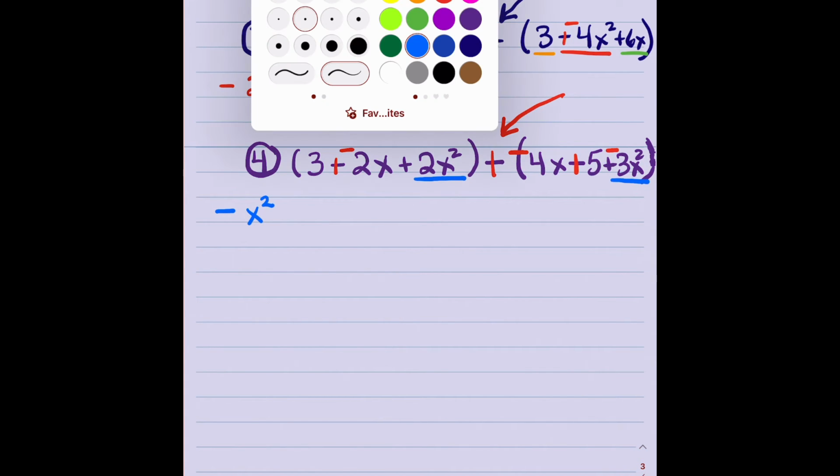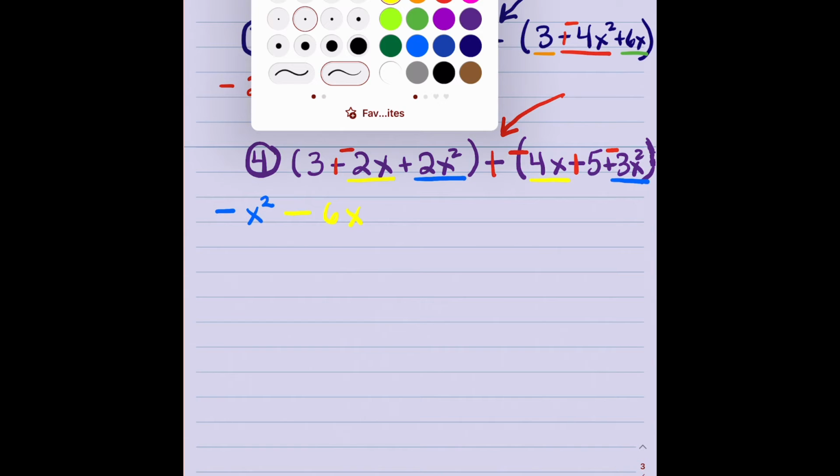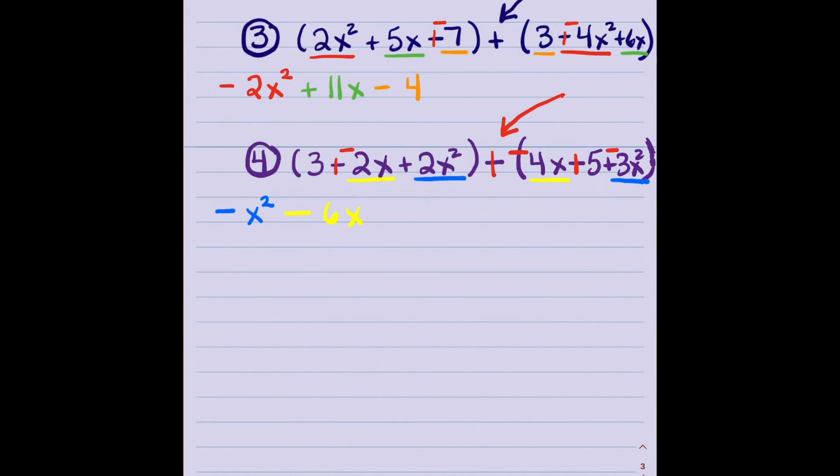All right? Then I'm going to look at this negative 2x and this negative 4x. So I have a negative 6x. I have a 3 and a 5, so plus 8. So combining those, I get negative x squared minus 6x plus 8.